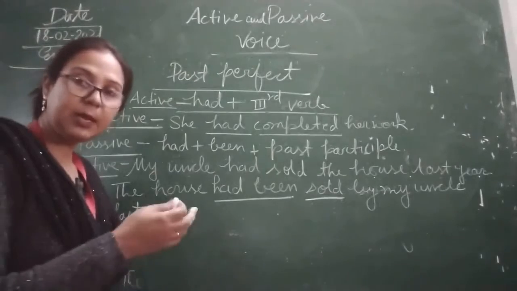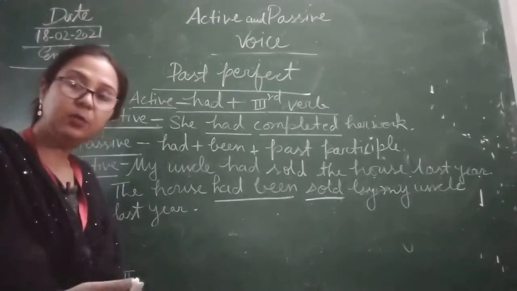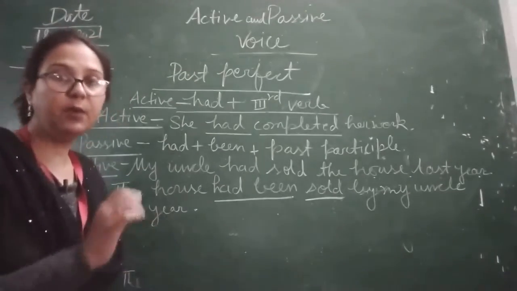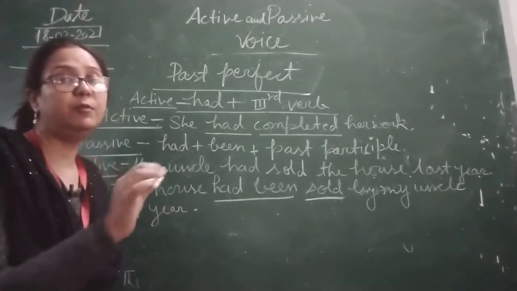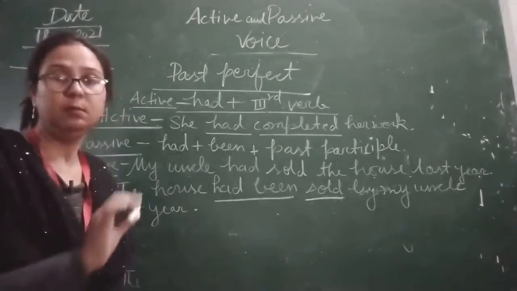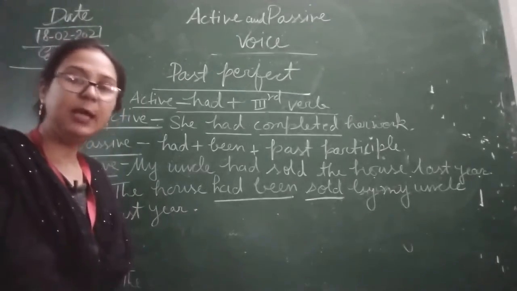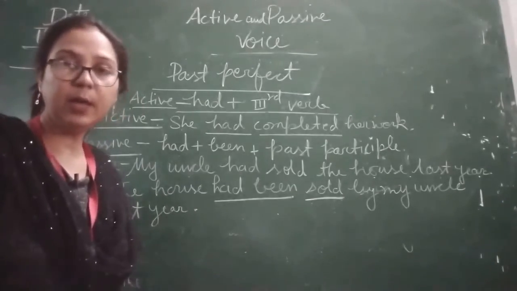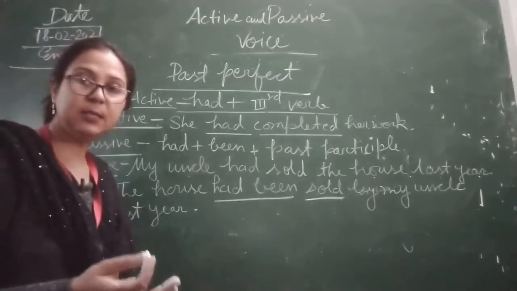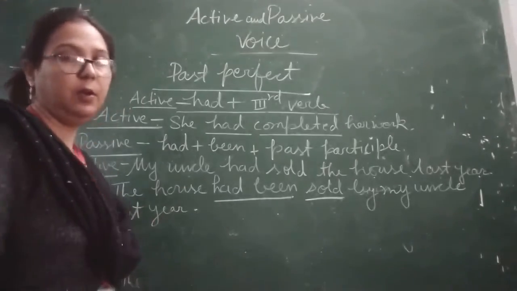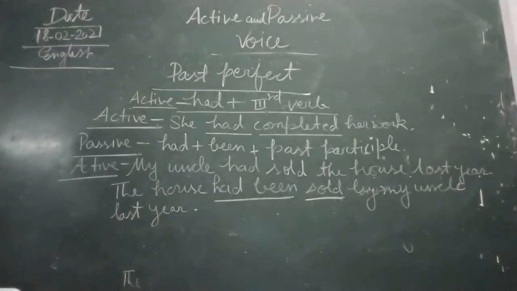We are using the third form in the active voice also, and had in the active voice also. So it is quite simple for you. You only have to add been. That's it. And the zigzag formula we will follow as we are following in the active and passive voice in all the tenses. So same thing we will follow. Now I will give you one more example.